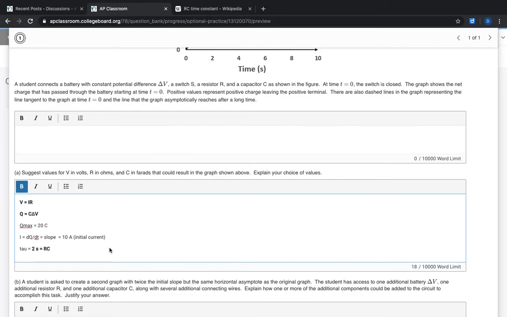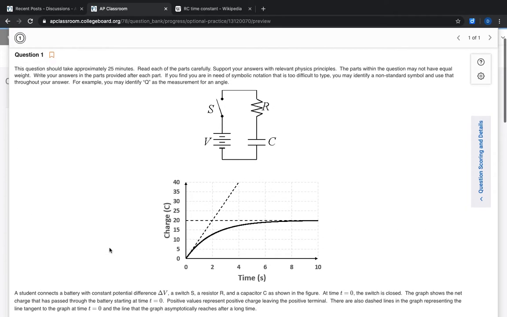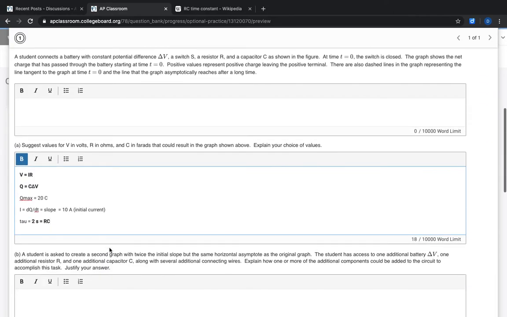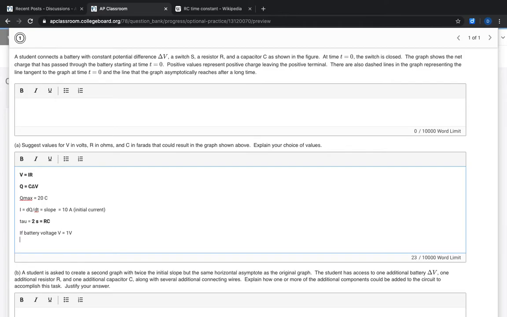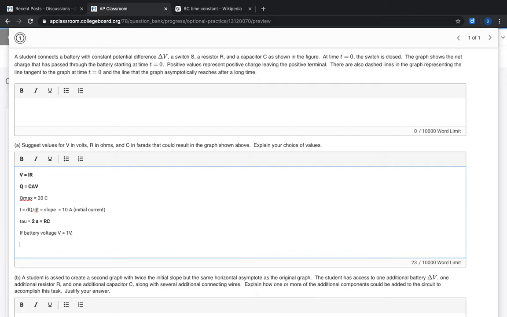So let's just say that the voltage of the battery is 1 volt. I'm assuming this is what they would want us to do here, because otherwise we can't get actual values. So if battery voltage V equals 1 volt, then we can get values for these other things.